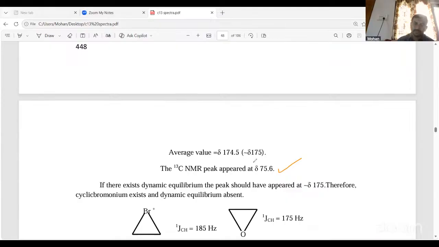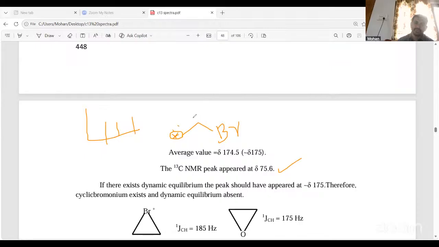So this 75.6 peak is observed. How are we getting it? Generally, in the C13 spectra, the number of non-equivalent carbons equals the number of signals. In this particular compound, we have only two carbons: one is the positively charged carbon, the carbocation, and another is a neutral carbon.